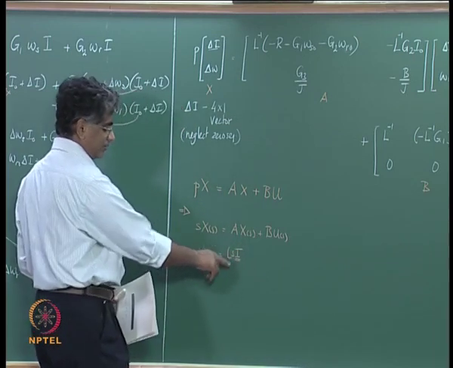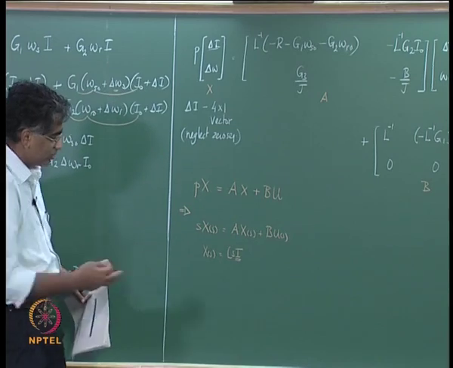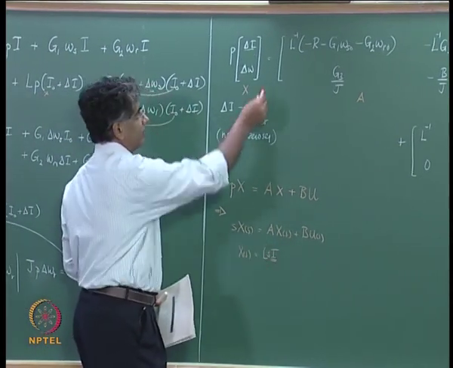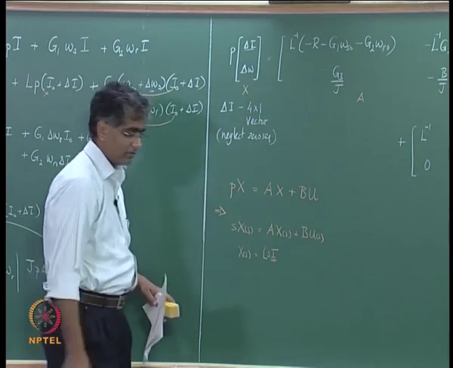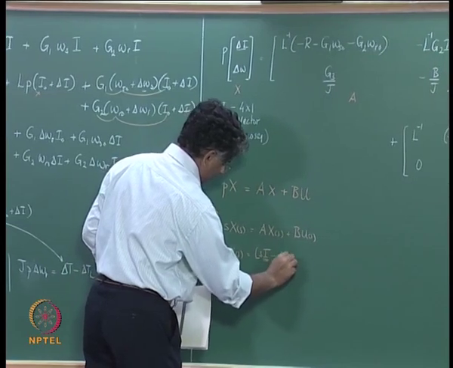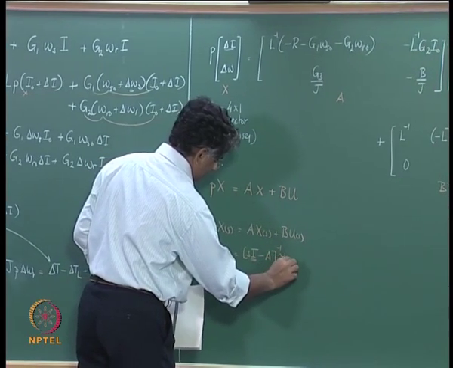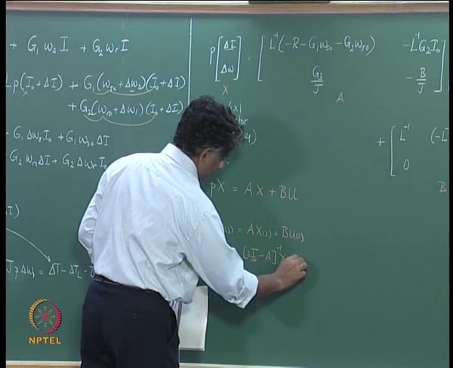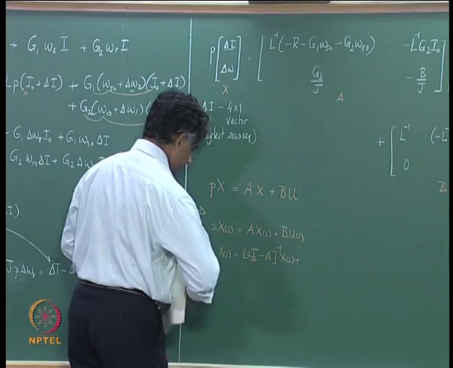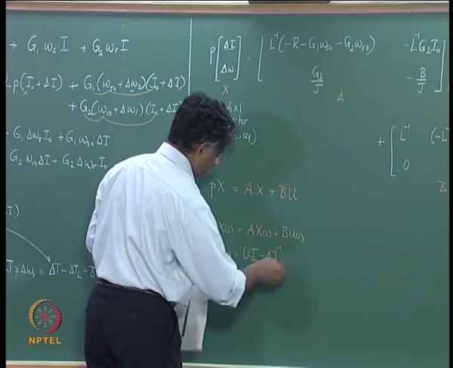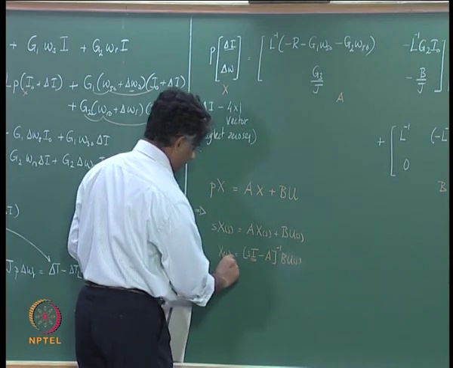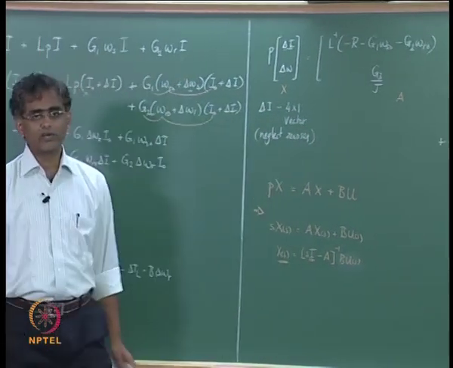Please note the change in notation here. It is usual to write in this expression s times I, whereas here we have used I for the vector of flow of amperes. So you have sI minus A inverse into x of s plus sI minus A inverse into B times u of s. That will then give you the state vector x.